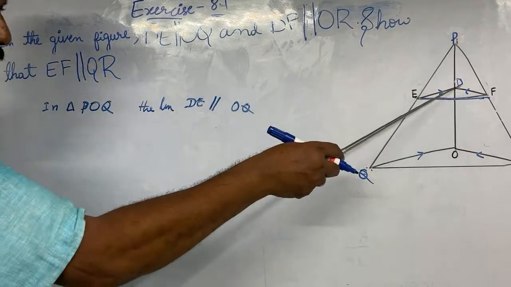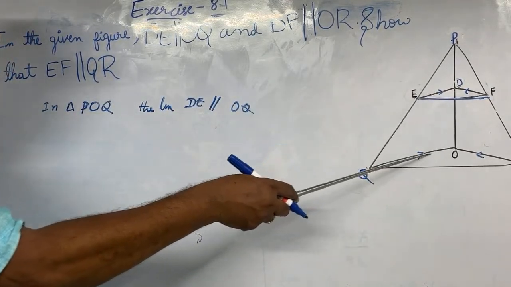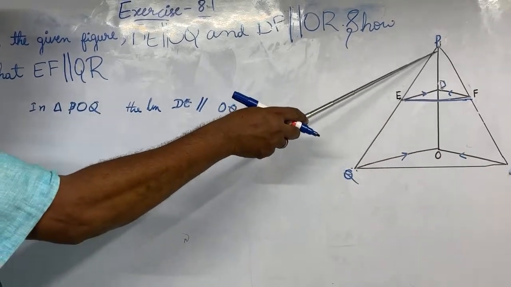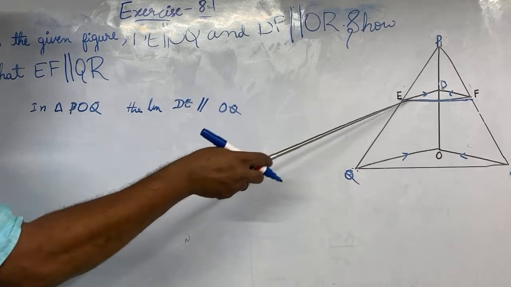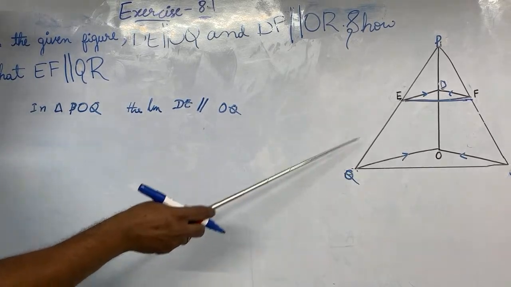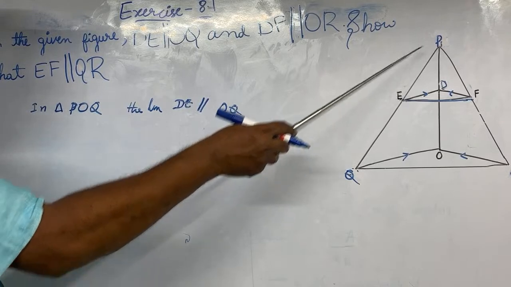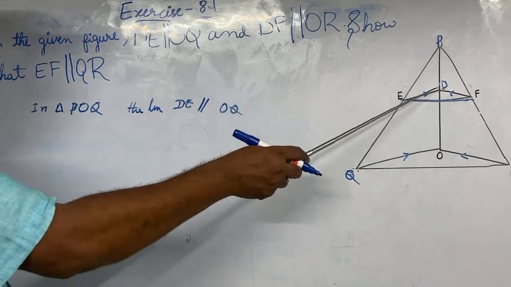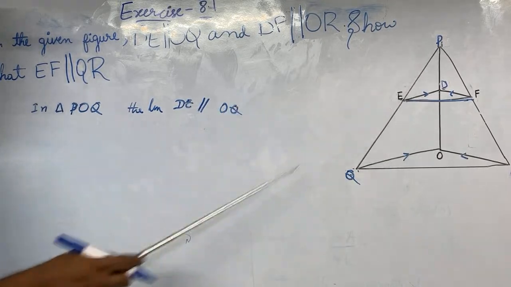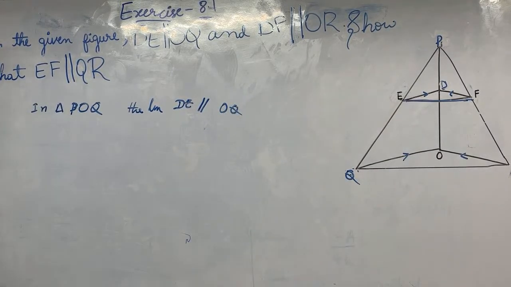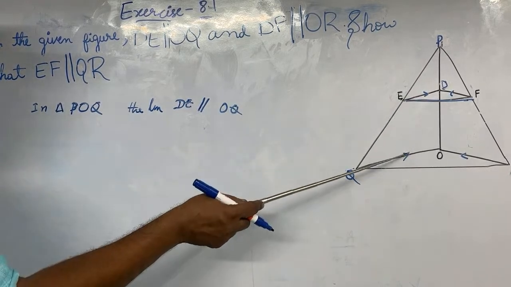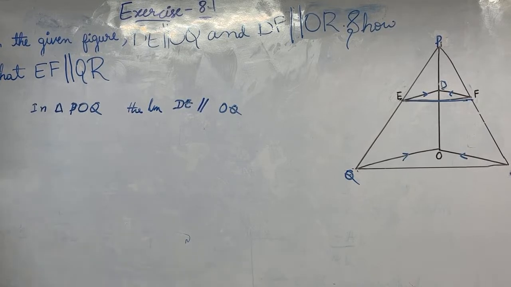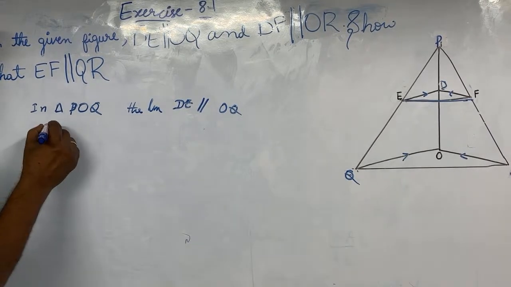E is intersecting PQ, and D is intersecting PO. So now, because DE is parallel to OQ, we can easily apply the basic proportionality theorem.